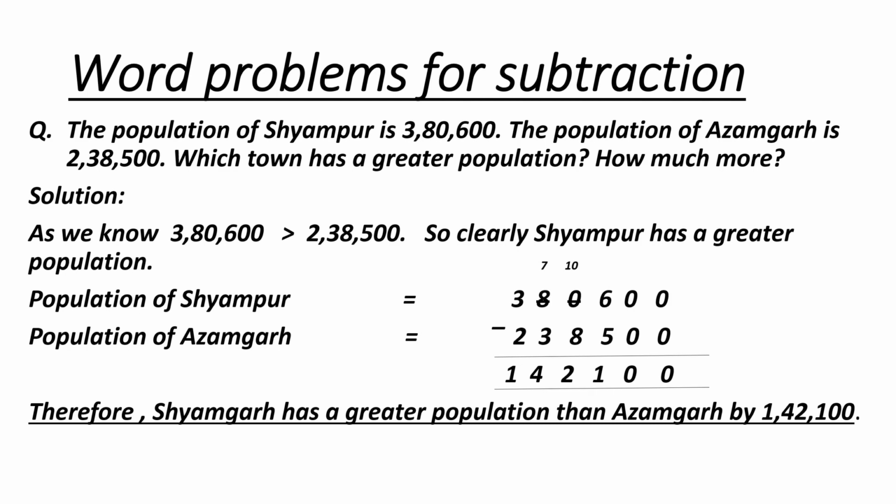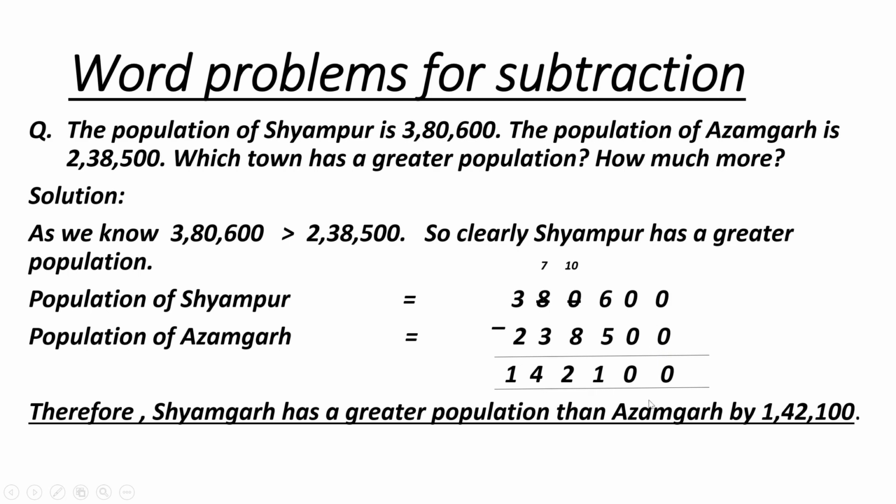So we have to subtract 2,38,500 from 3,80,600. So let's subtract. Children, in a word problem, the main thing that you have to write are the statements. So let's start with the statements. Population of Shampur is equal to 3,80,600 and the population of Azamgarh is equal to 2,38,500.